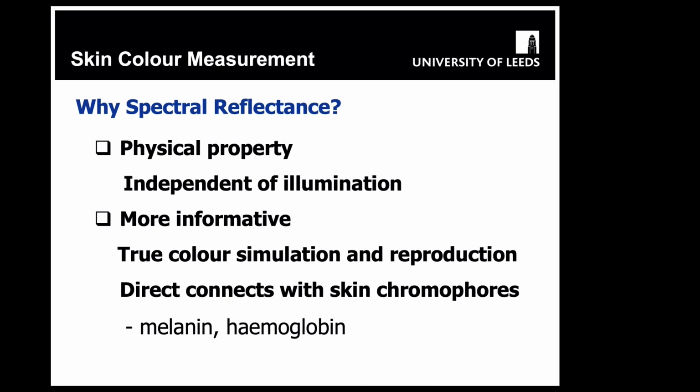Why spectral reflectance? First, of course, it represents the physical property, okay? It's nothing to do with your lighting, because the lighting is going to affect your color perception. What we're trying to do is really measure human skin color, which is independent of illumination. Secondly, we try to collect the ground truth data related to spectral reflectance so that from the spectral reflectance, we could predict the skin chromophores, which include melanin and hemoglobin, right?